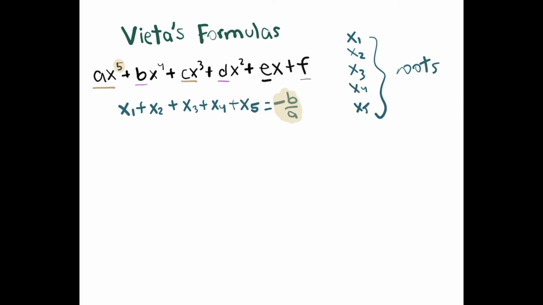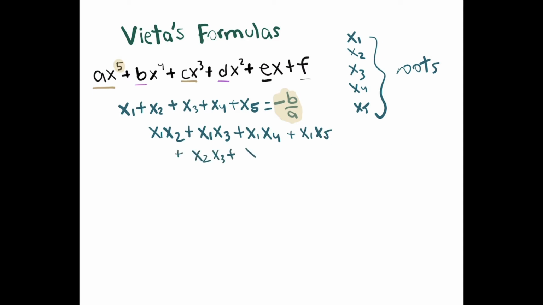Okay, so the next one is x1 times x2 plus x1 times x3 plus x1 times x4 plus x1 times x5 plus x2 times x3.